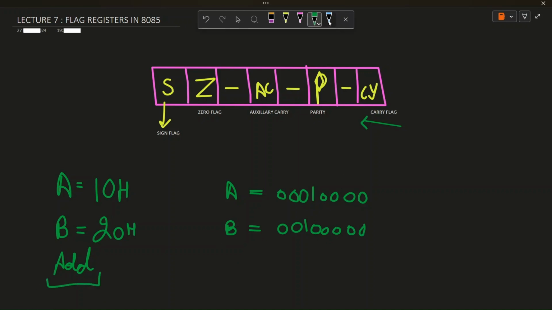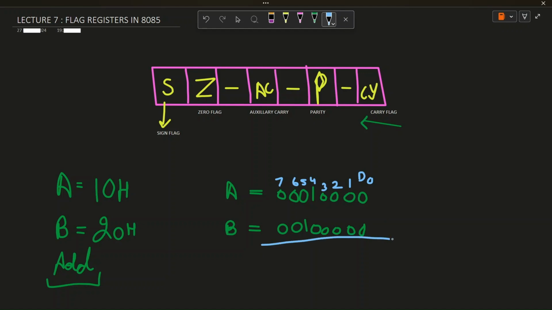This is D0, which is the 0th bit. This is the 1st bit. This is the 2nd bit. This is the 3rd bit. This is the 4th. Then comes the 5th. Then 6th. Then 7th. Hence, there are a total of 8 bits, right?